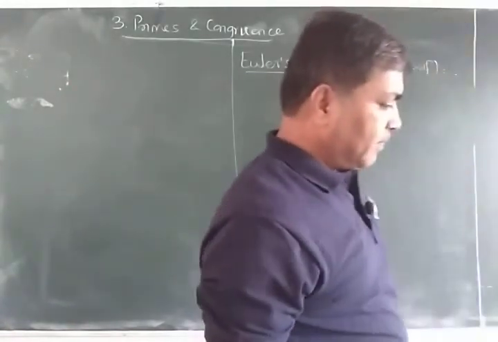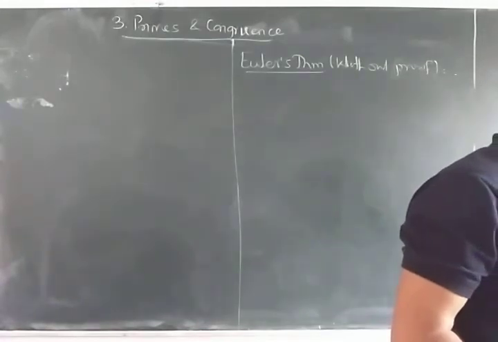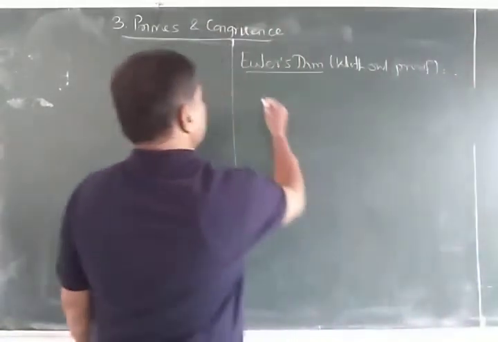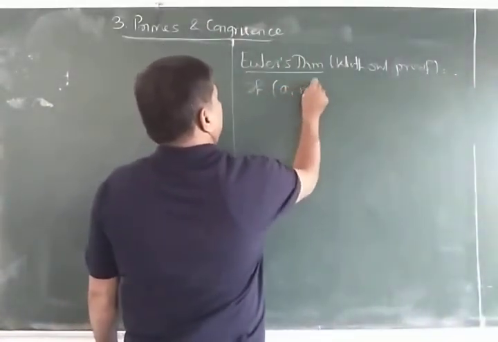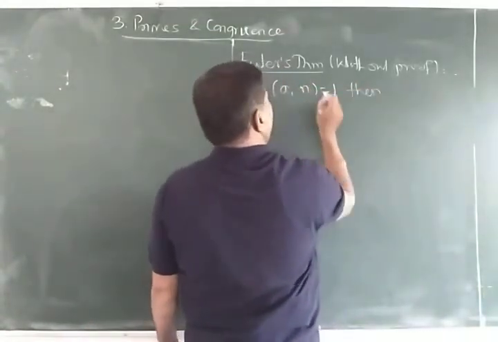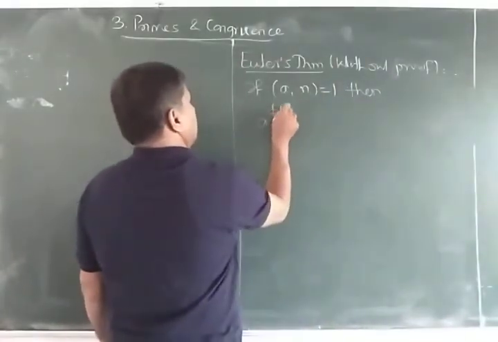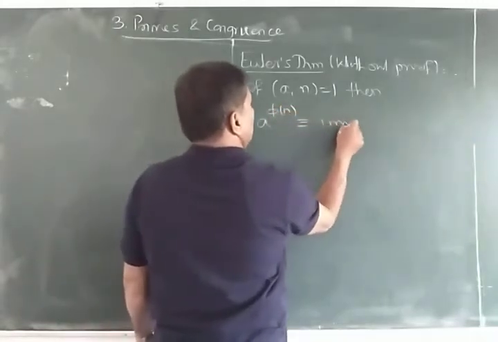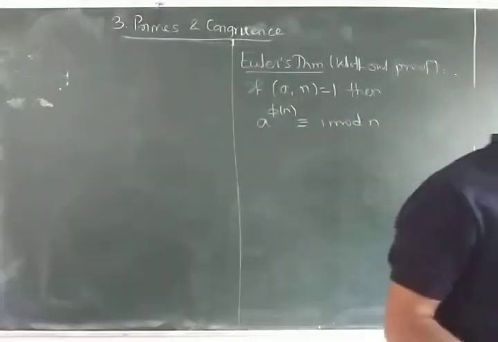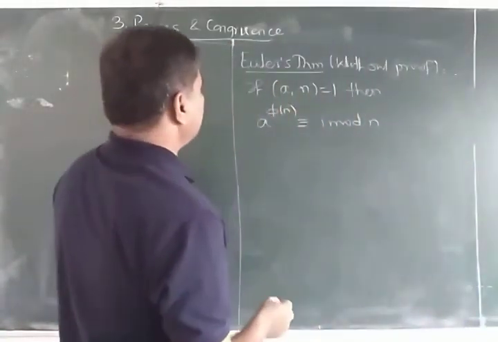If GCD of a and n is 1, then a raised to phi of n is congruent to 1 mod n.